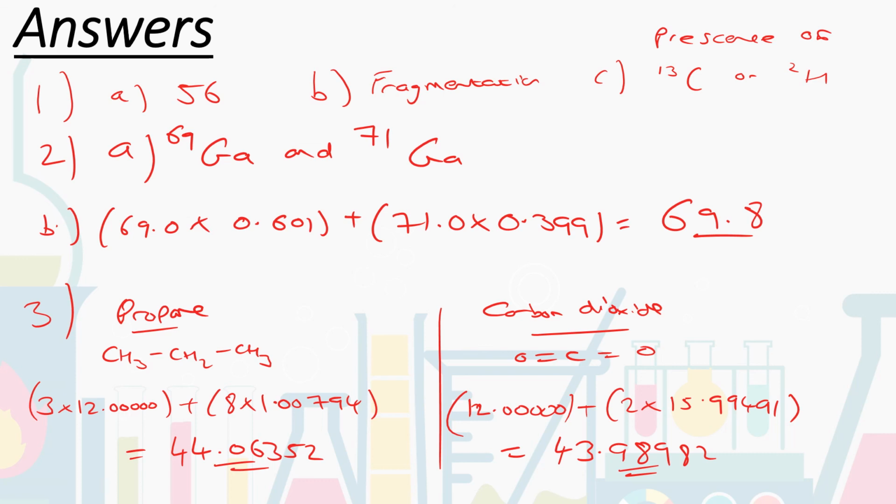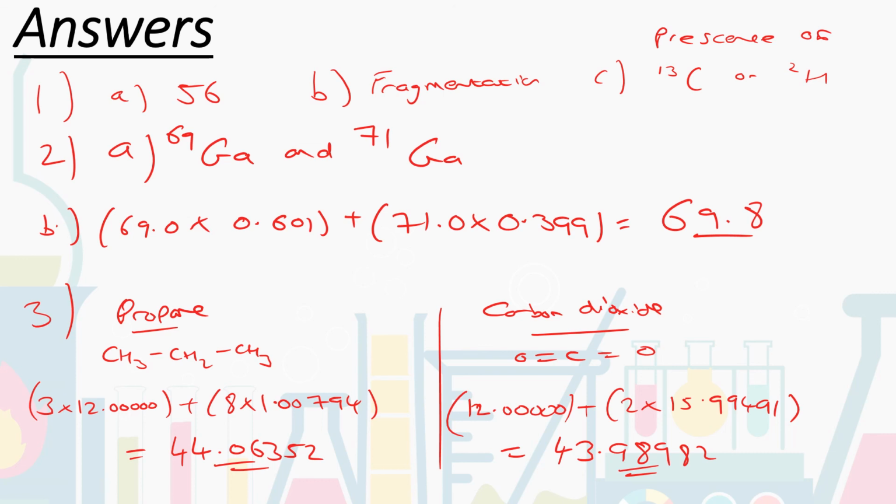So all we have to do is just add all of the same way that we'd calculate a molecular mass for anything else, we just add together the relative atomic masses of all the elements involved. But here you can see that our relative atomic masses are to 5 decimal places, so very, very accurate. And so for propane, we have our 3 carbons plus our 8 hydrogens, and this gives a relative molecular mass here of 44.06352.